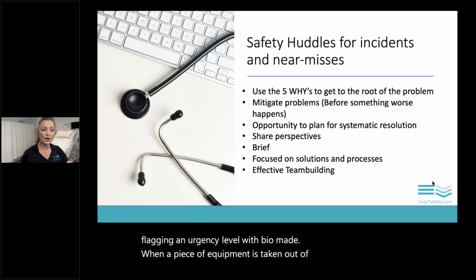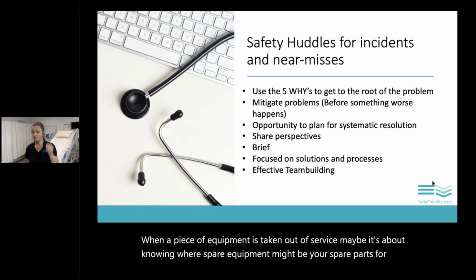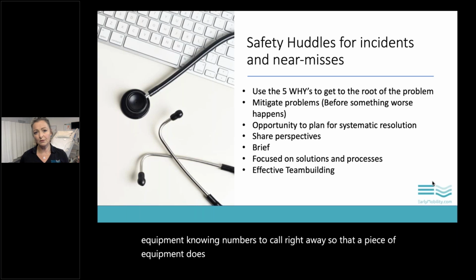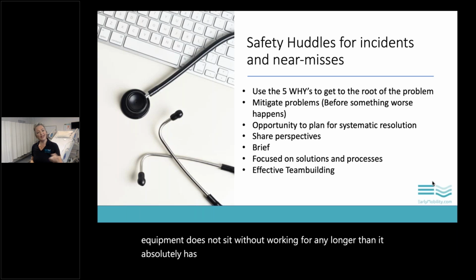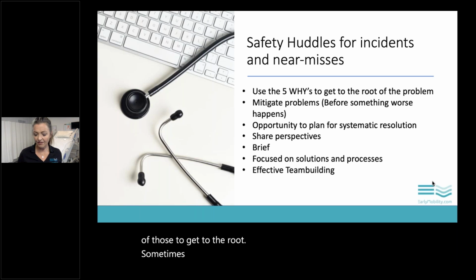Maybe it's about knowing where spare equipment might be or spare parts for equipment, knowing numbers to call right away so that a piece of equipment does not sit without working for any longer than it absolutely has to. And sometimes people say, well, can't you get there in 2 whys or 3 whys? Very often, what we have found is it takes 5 of those to get to the root. Sometimes more, sometimes you can identify it right away.